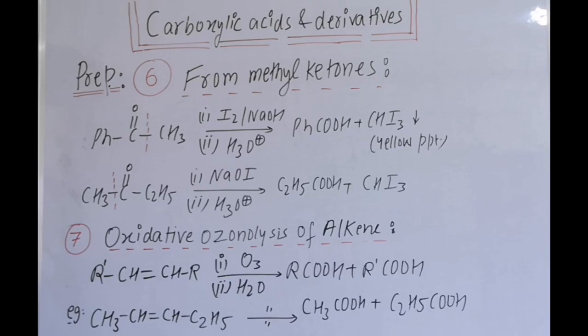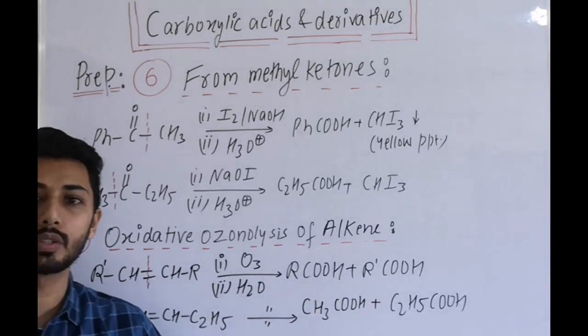Seventh reaction, oxidative ozonolysis of alkene. We can prepare carboxylic acid by this reaction also. Here I am taking an alkene containing CH, because if I take an R group it gives ketone, and what is relevant for us is acid formation. If you remember, this was done in carbonyl compounds and in hydrocarbons as well: in ozonolysis the bond cleaves and gives R-CHO, but in oxidative ozonolysis the aldehyde goes further to carboxylic acid formation, therefore it forms R-COOH plus R-COOH.